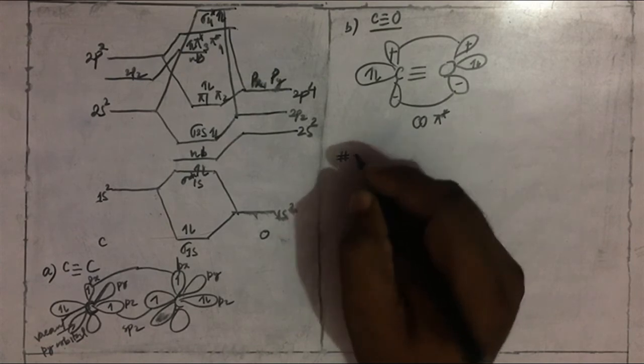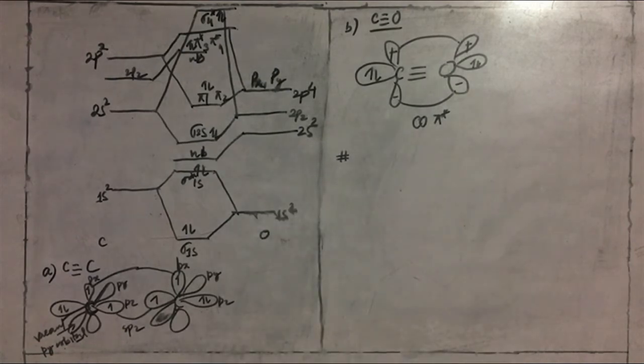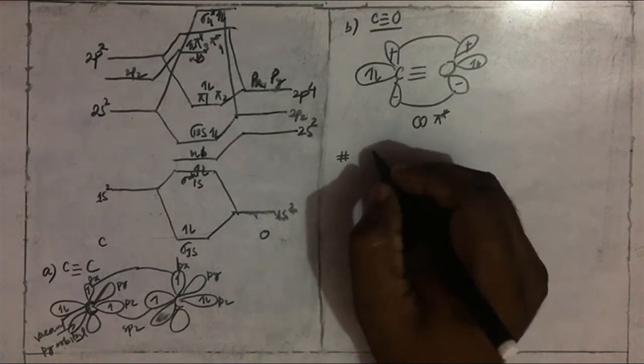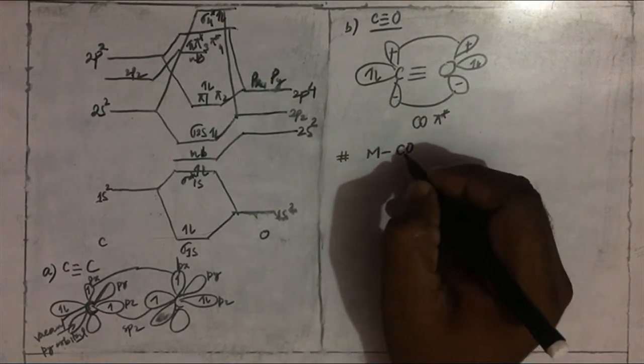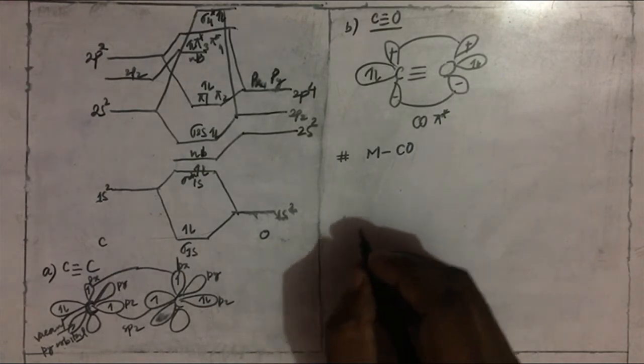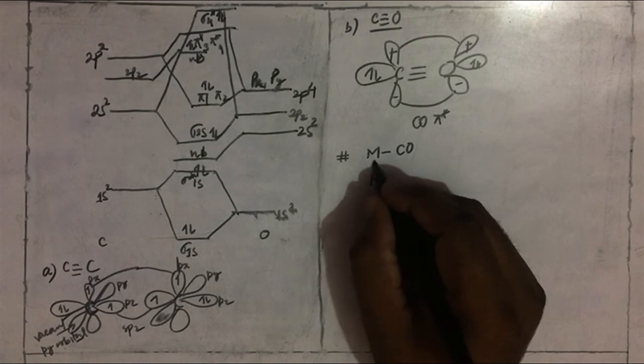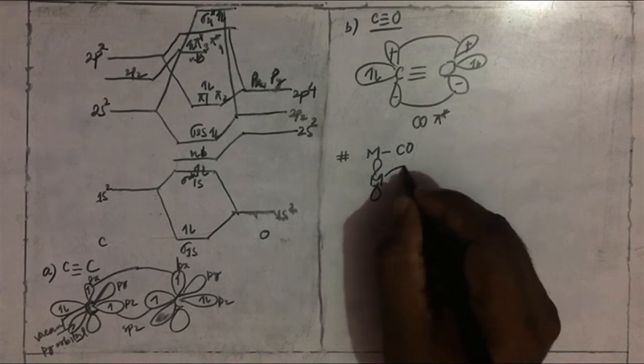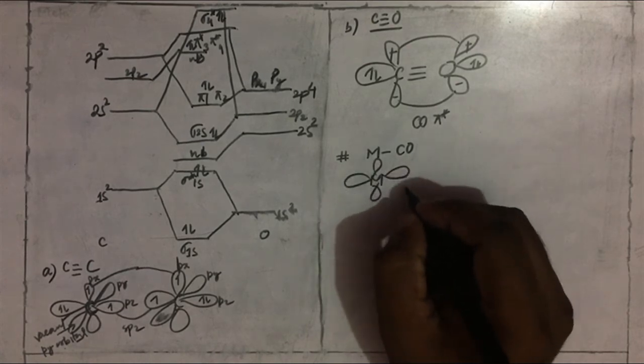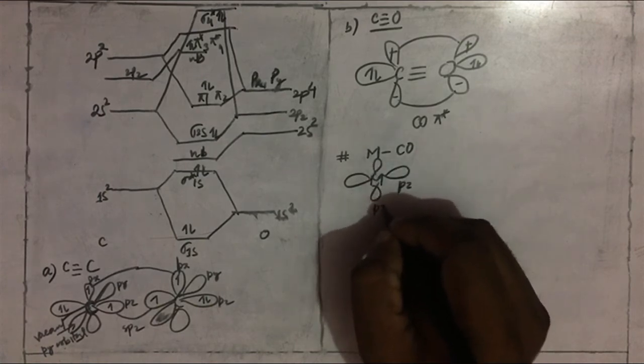So I am moving a little bit in the direction of pi back bonding. So if we take the case of metal carbonyl, how will it overlap? If we see, consider metals, pz, px.